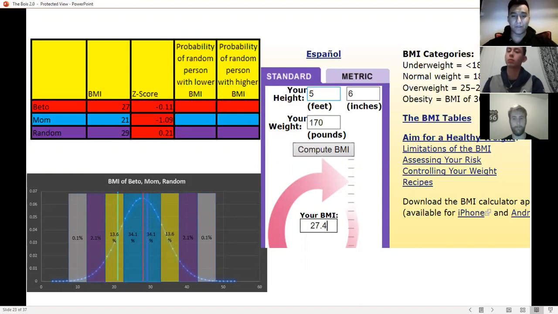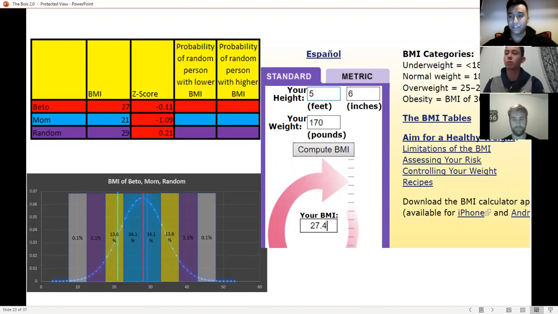And how I got that was using a BMI calculator to calculate my height, and then I calculated my weight, and I came up with the BMI of 27.4. And then on the right, you can see if I'm underweight, normal weight, or overweight. Also, you can see if I have obesity.